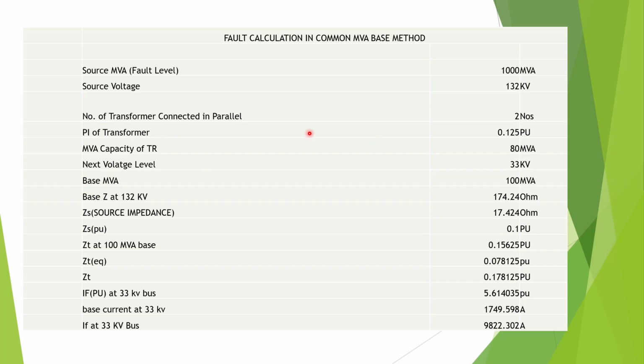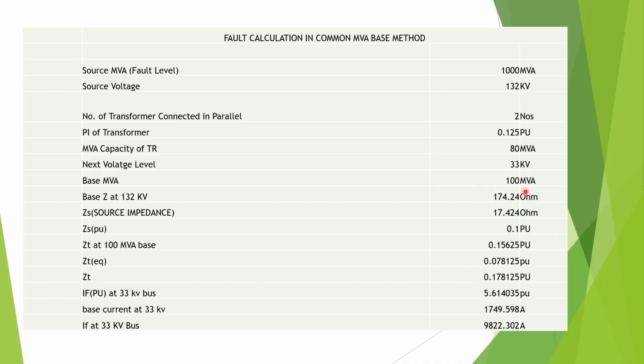Two transformers are connected in parallel, the MVA capacity of each transformer is 80 MVA, and the percentage impedance of each is 12.5% or 0.125 per unit on an 80 MVA base. The next voltage level is 33 kV, where we want to calculate the fault current. So let us consider the base MVA as 100 MVA.